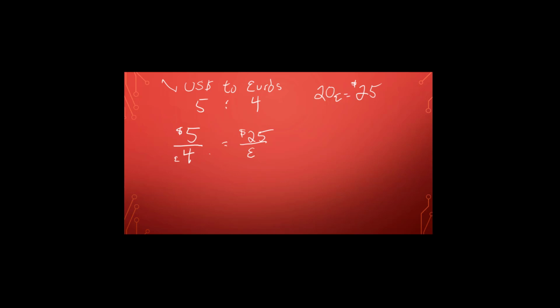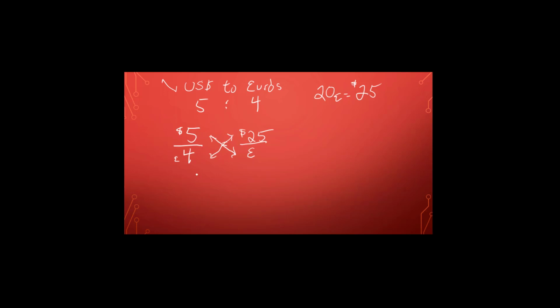This could be $28, and then what would you multiply 5 by to get 28? So our fundamental technique of cross multiply and divide, I'm going to use that. And I'm going to keep this all together.